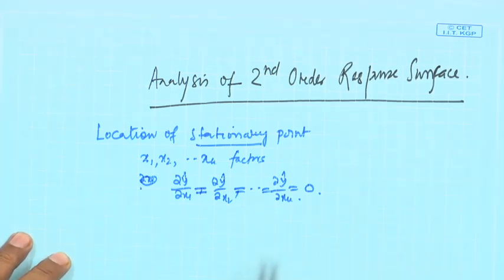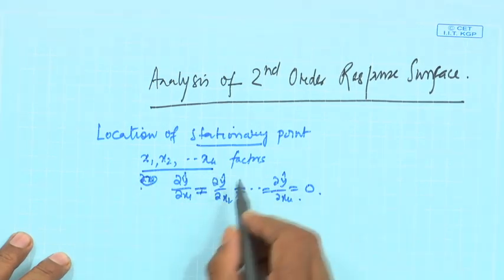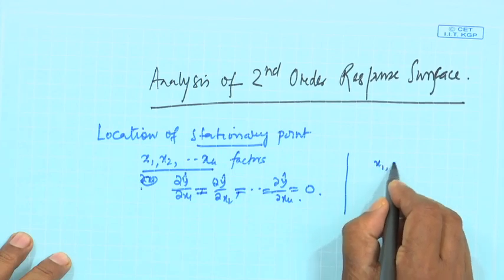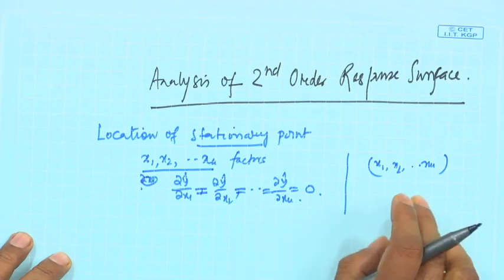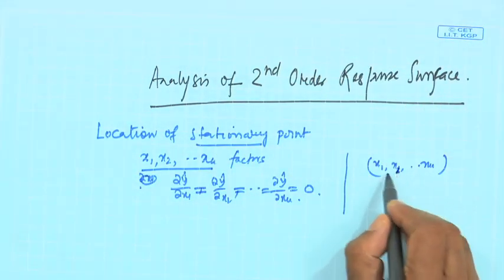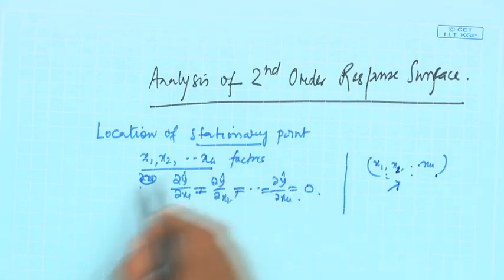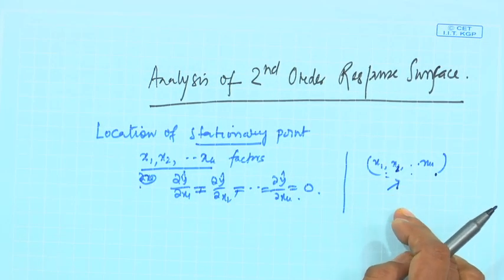Okay. So, suppose x1, x2, xk are the factors, and the point x1, x2, xk, because there are k dimensions, there will be one point where values are, let it be small x1, x2, xk. So, this is the point where the first derivative equals 0, then this is a stationary point.